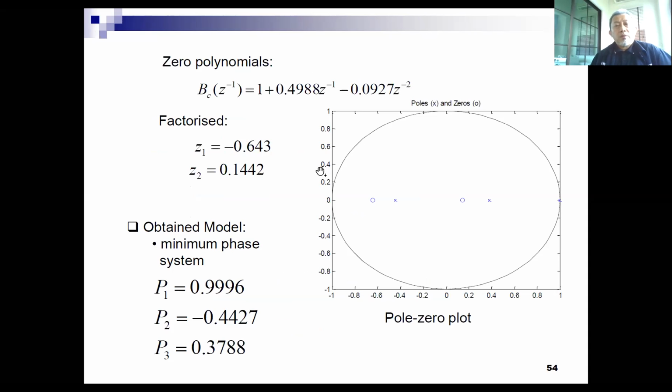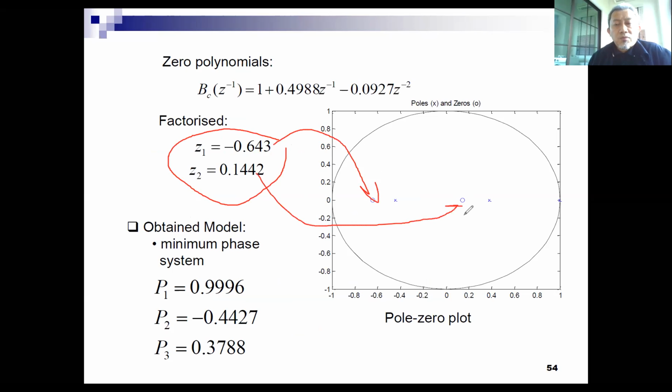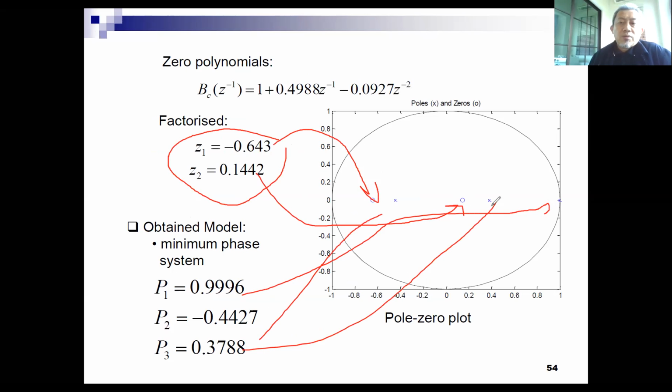After we plot it, we observe that the 2 zeros, minus 0.643 and positive 0.142, are inside the unit circle, both of them. The poles are here, one, the other one here, and the other one here. So all poles are inside the unit circle and all zeros are inside the unit circle.